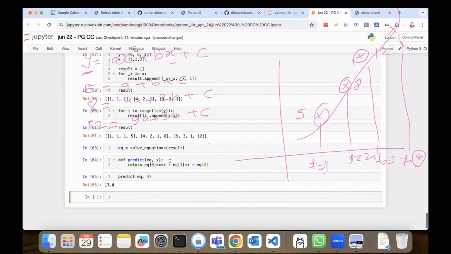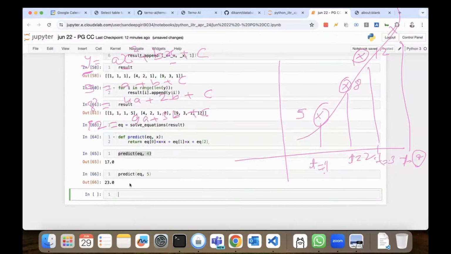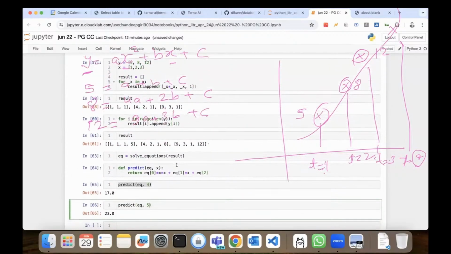Similarly, I can predict for t equals 4, t equals 5, and it'll tell me.